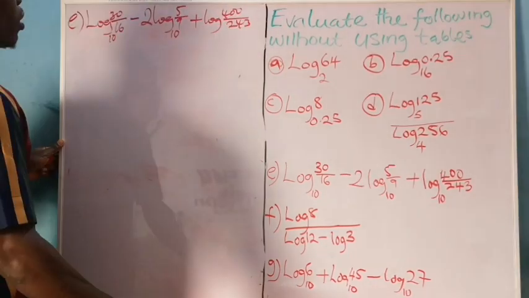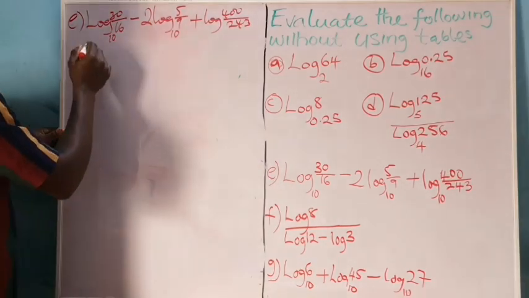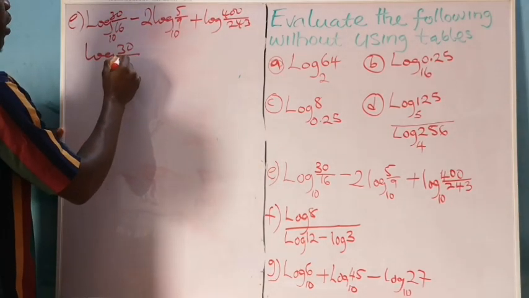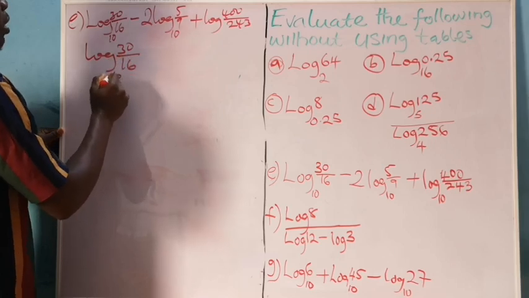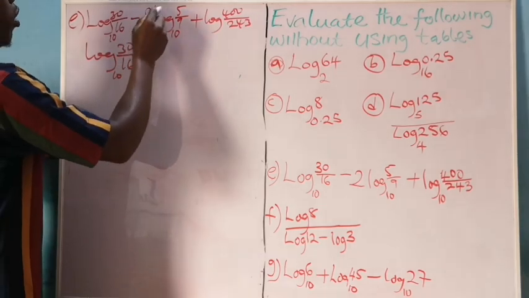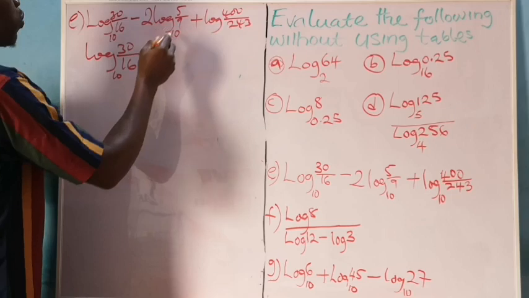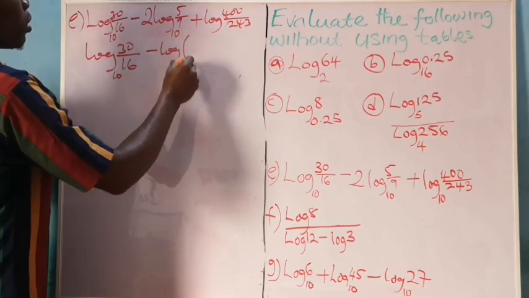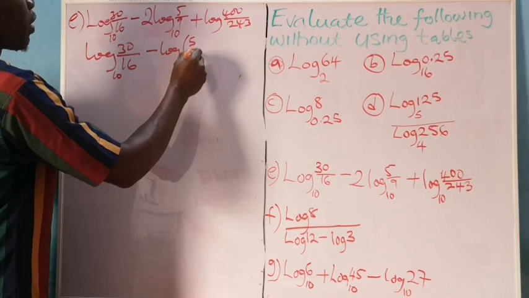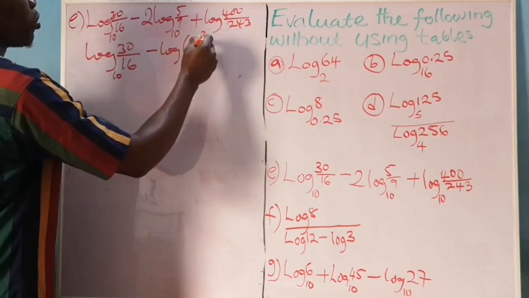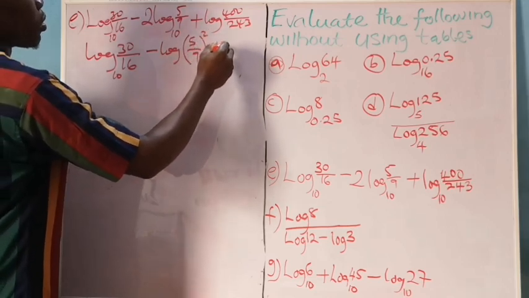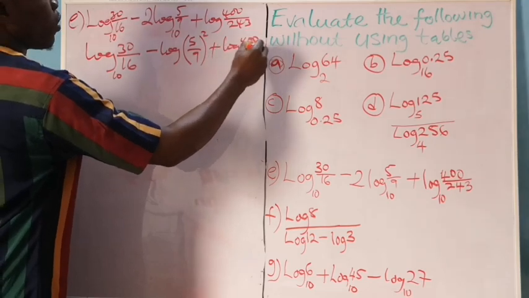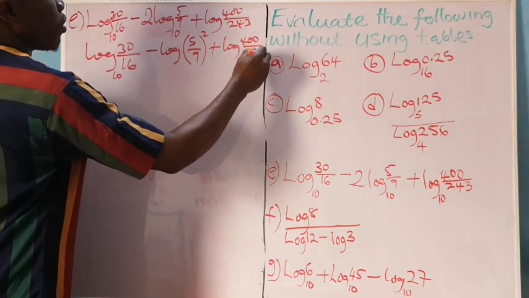Okay, over here, we are going to have log 30 all over 16 to base 10. These two will come here as a power, so that we now have minus log 5 all over 9 to the power 2 plus log 400 all over 243.